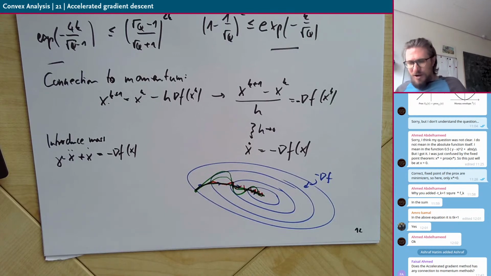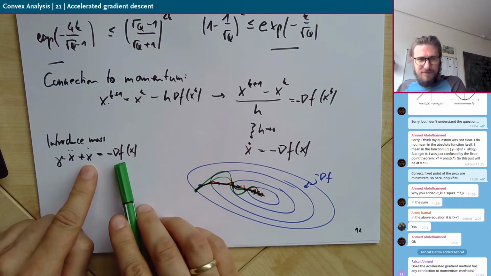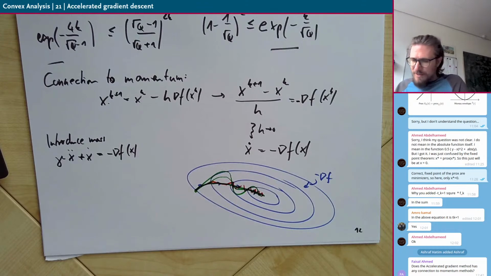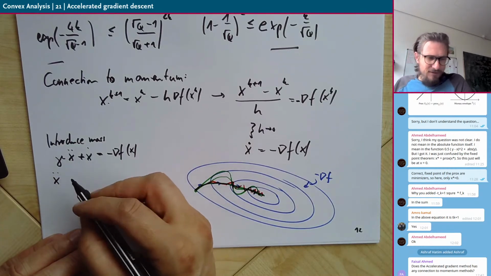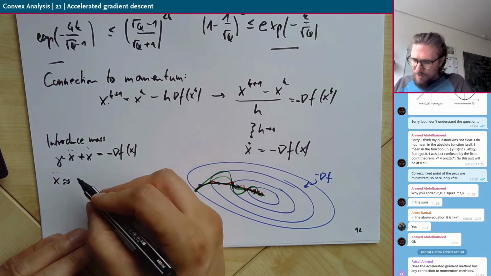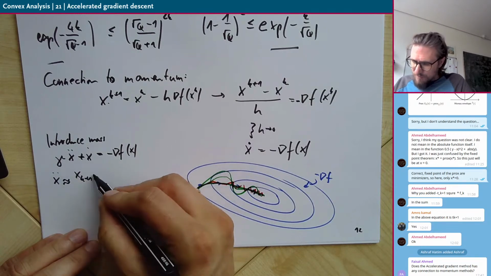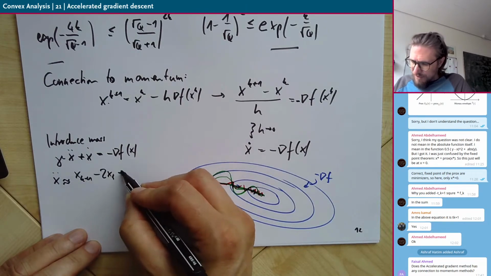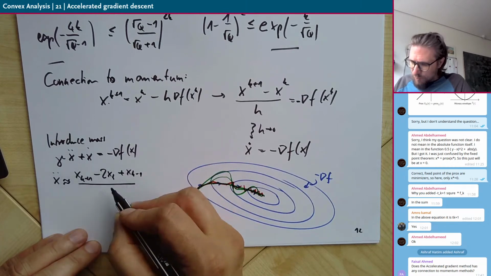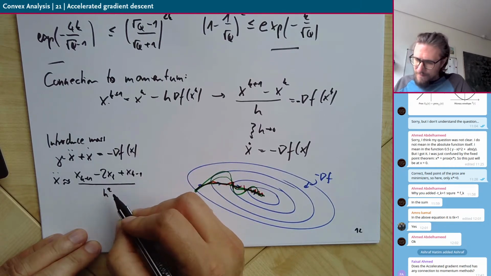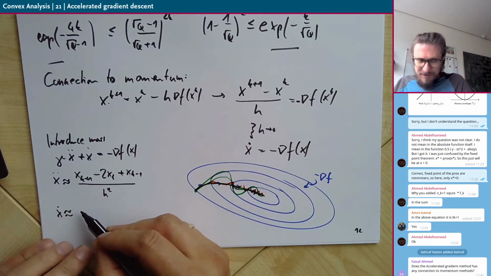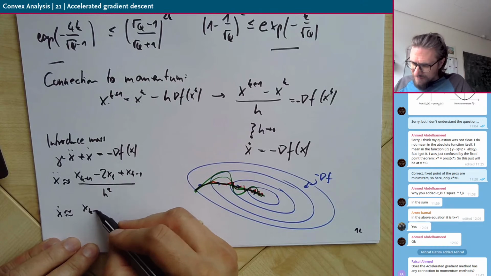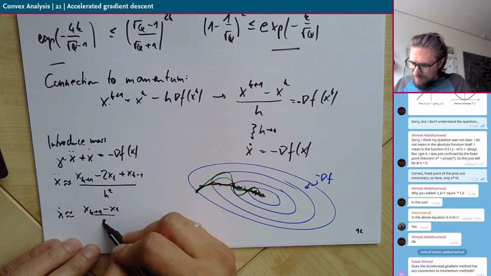In fact, if you now try to solve this equation with a very simple numerical scheme, x double dot is approximated by a second order difference, x_{k+1} minus 2 times x_k plus x_{k-1}, over h squared. And of course x dot is usually approximated by a forward difference, x_{k+1} minus x_k divided by h.